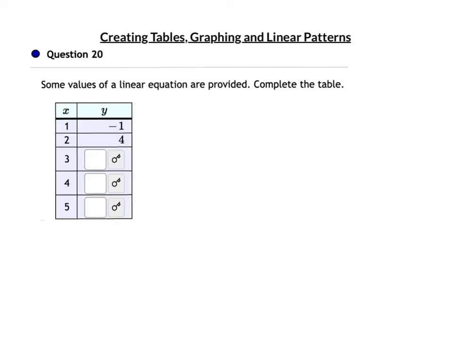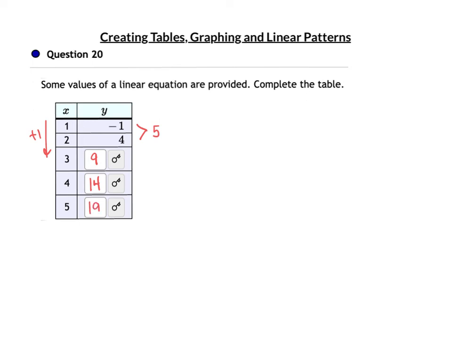Question 20 here is really quick. We're increasing by 1 like we like to see. Look for a pattern on this side. Negative 1 to 4. That's increasing by 5 on the number line. So this next value would be 9, increased by 5. Then by 5 would be 14.